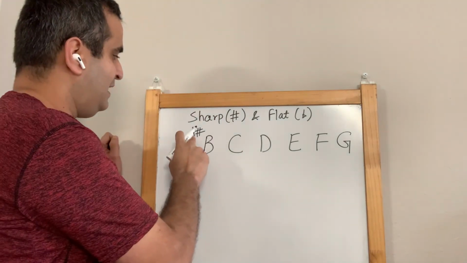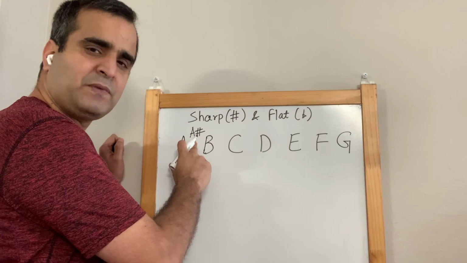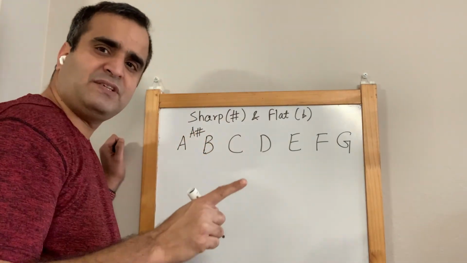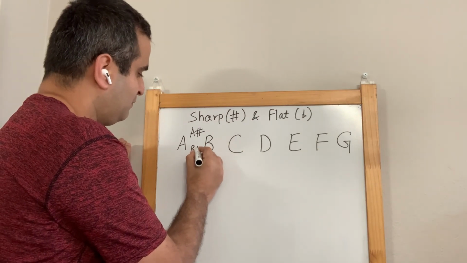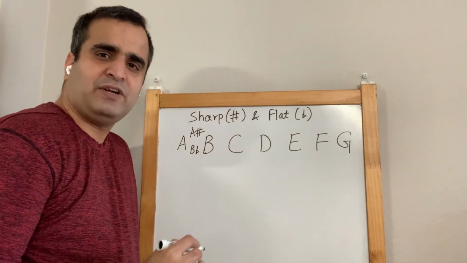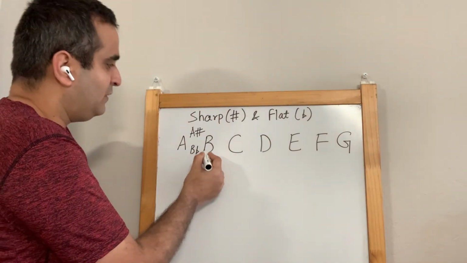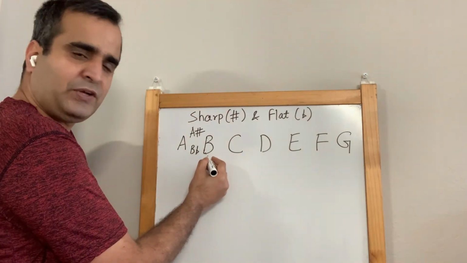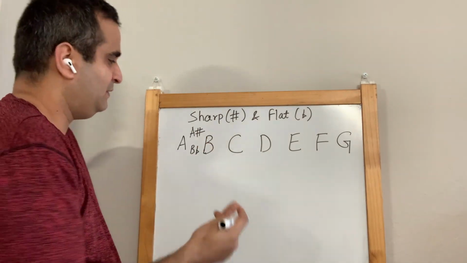So if I say A sharp, that would be a note right after A. I can also represent this as B flat, which essentially means a note before a given note. So A sharp and B flat are the same, right?